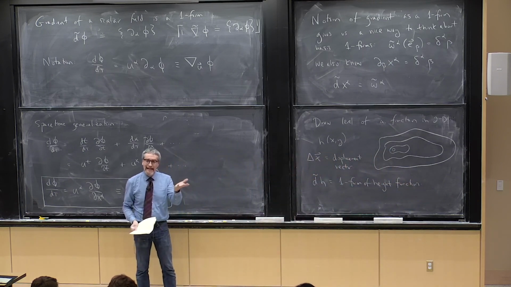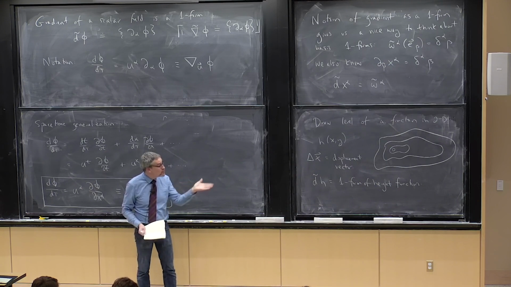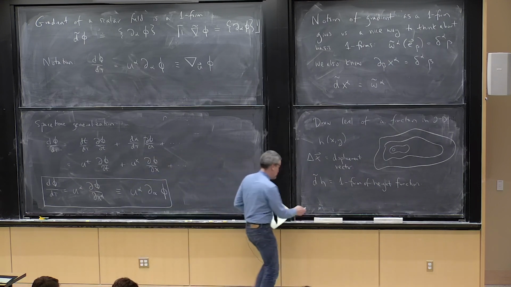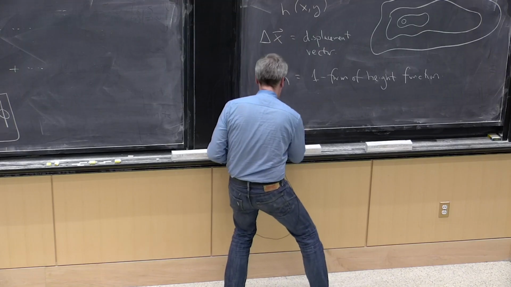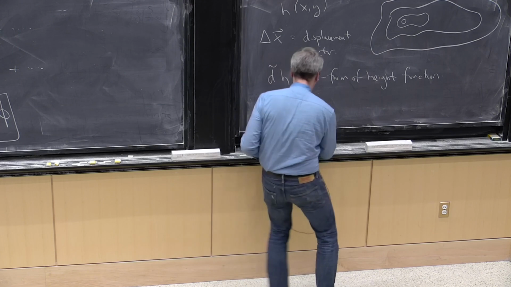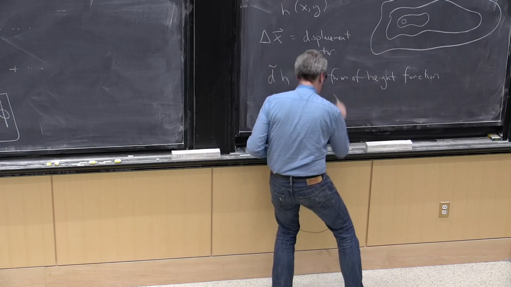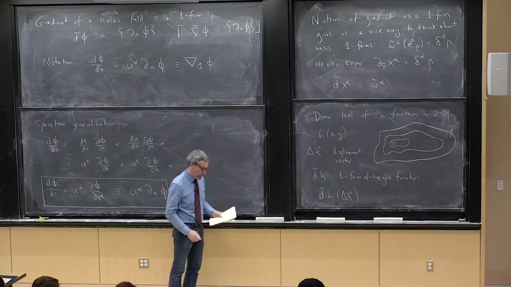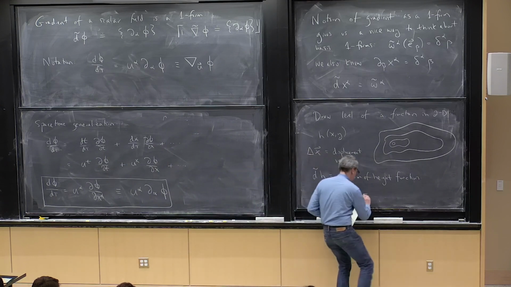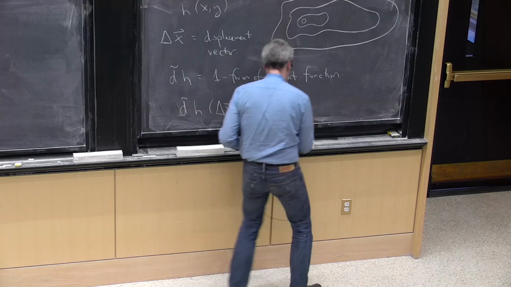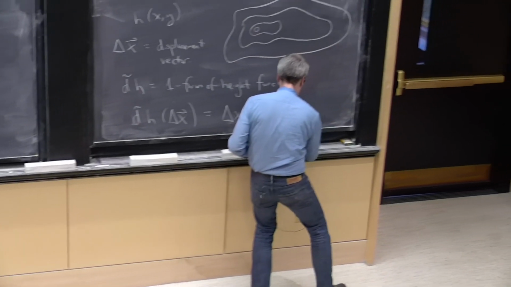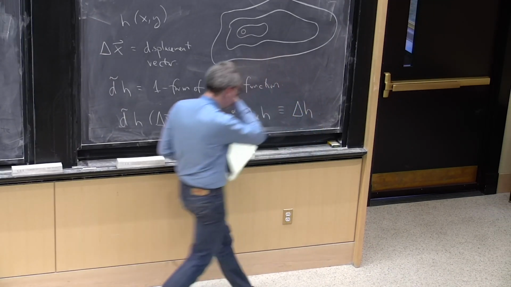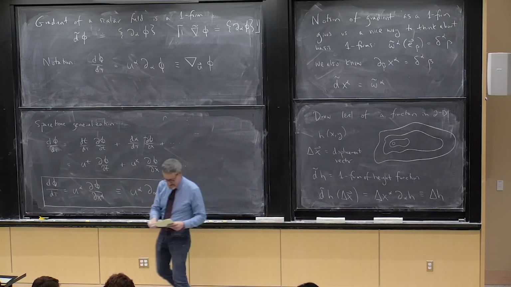How do I get the change in height as I move along my displacement vector? Well, take my one form, plop into its slot delta x, and I get something like this.